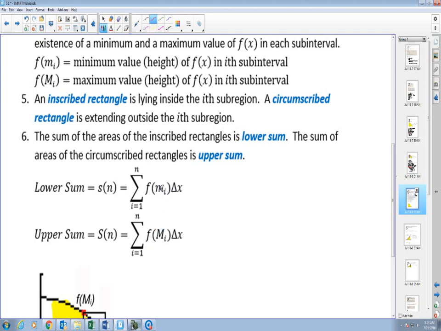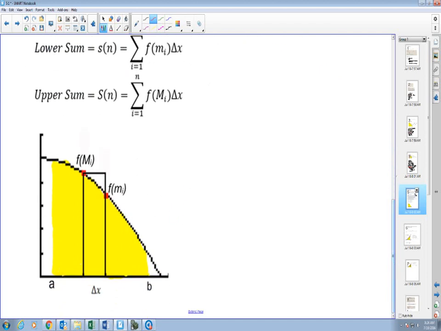We can add up all the minimum values times the width, and we can also add up all the maximum values times the width, and that will give me my upper sum. Here's a picture. If we pick any ith subinterval, that rectangle has a maximum value and a minimum value. The i here stands for any one of those subintervals.